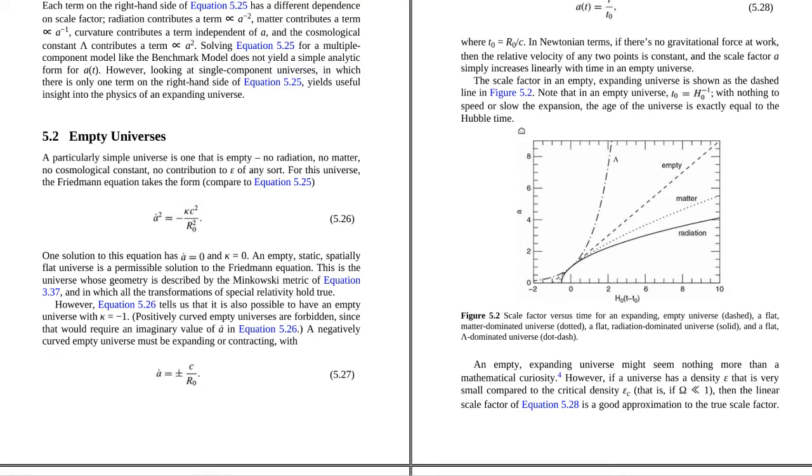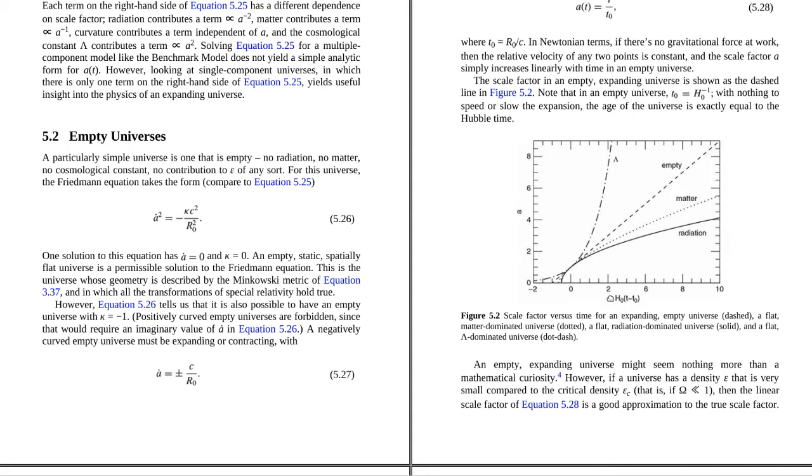Now this linear relationship is plotted here. The y-axis is just the scale parameter, a dimensionless parameter. The x-axis is time. But this has been turned into dimensionless form first by subtracting off the present value of the time coordinate in the Robertson-Walker metric. Let's say this t0 has that physical interpretation. So you subtract this off from t, and then you multiply it by the Hubble constant.